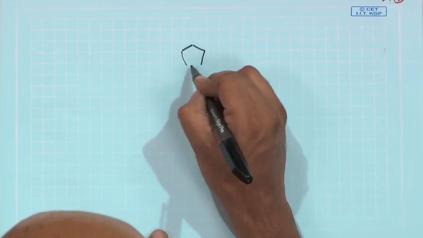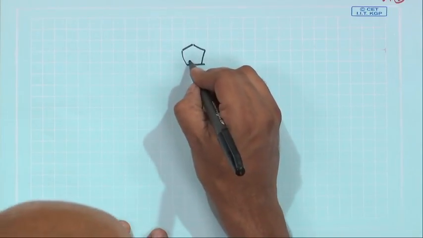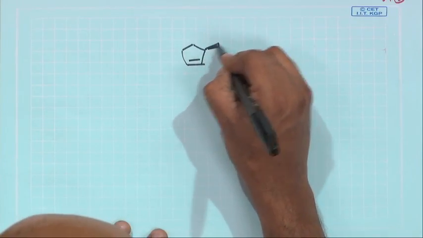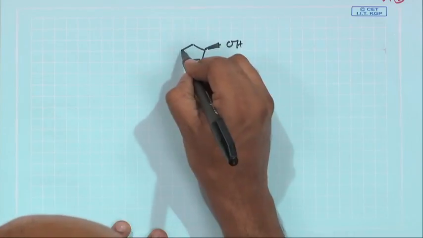So, initially we will try to have an example through a very simplified problem. We will take a symmetrical compound, because the concept is desymmetrization.